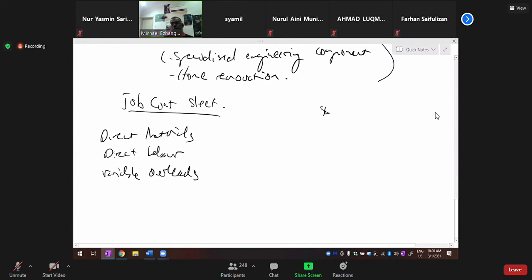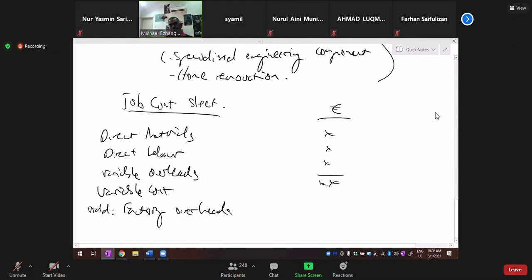All right, and that would be whatever the amount, that will be variable costs. Then you add any factory overheads that you want to allocate. Factory overheads will be absorbed into the product.